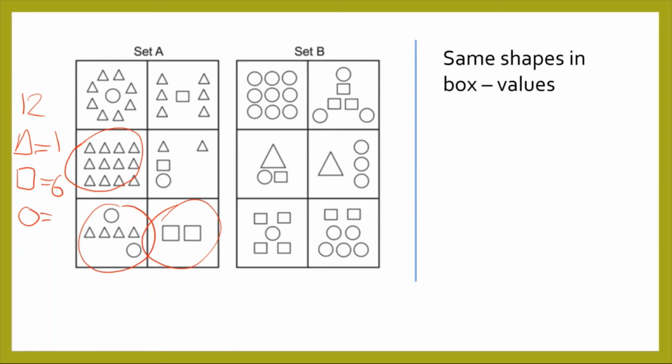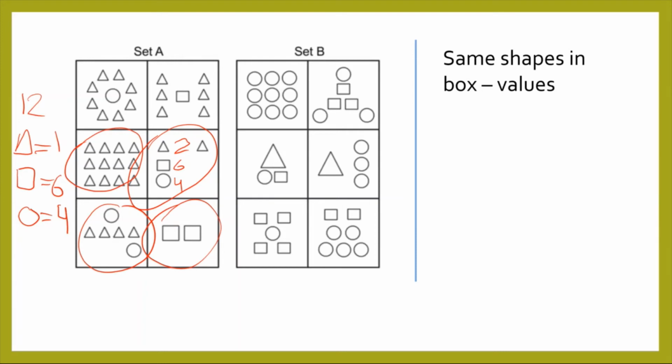I can use this one. I've got 4 triangles and 2 circles. So if I do 12 minus 4, which is 8, 8 divided by 2, this gives 4 as the value. And I can check this. For this one, I've got 2 from the triangles, 6 from the square and 4 from the circle. This gives me a value of 12.